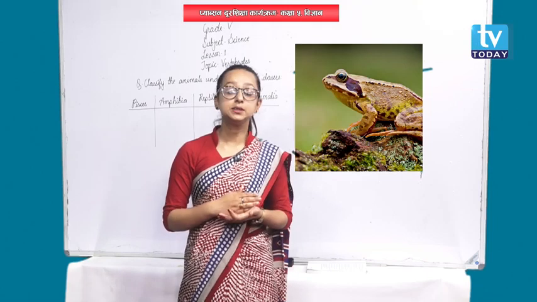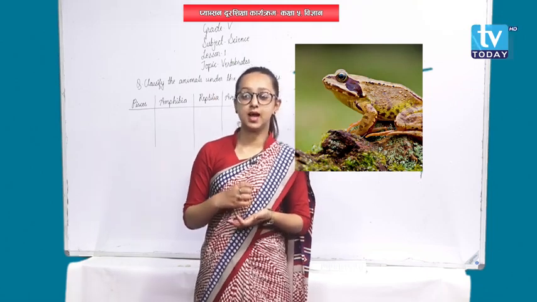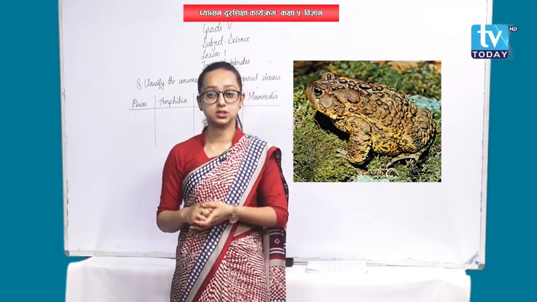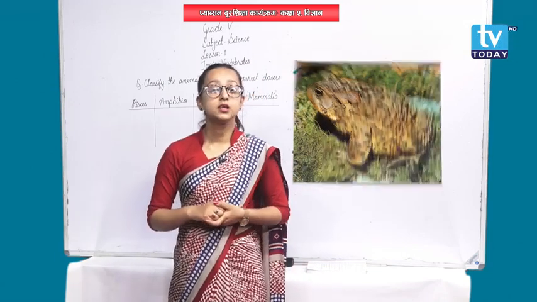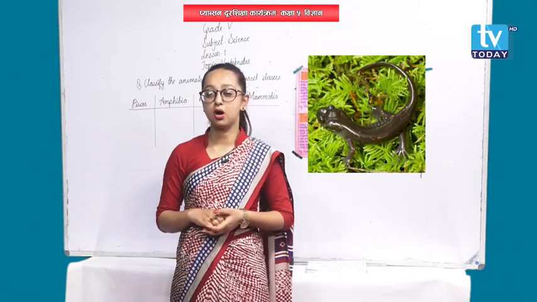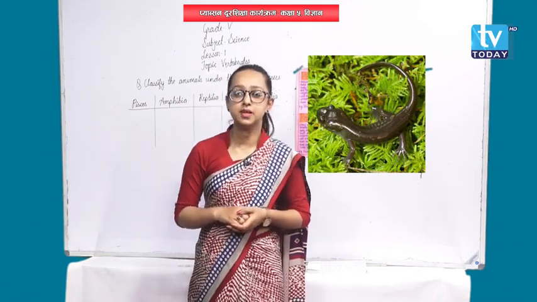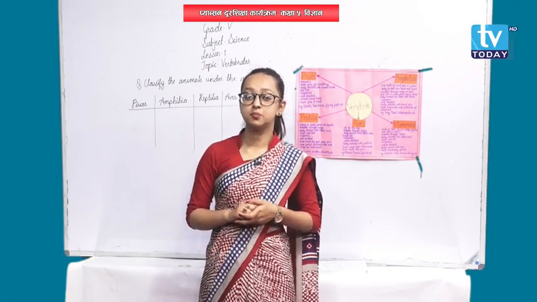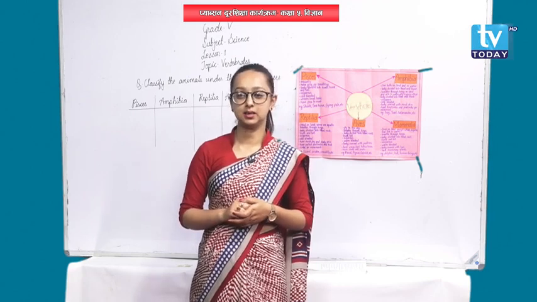That is, they spend some part of their life on land, whereas some part of their life in water. And their body is divided into head and trunk, whereas some of them have tails as well, like salamander, but the neck is missing.